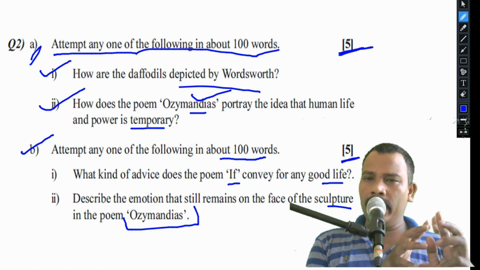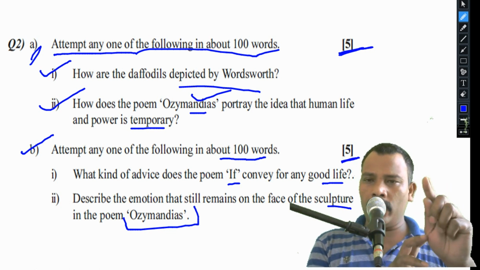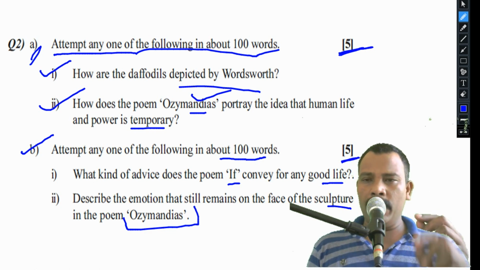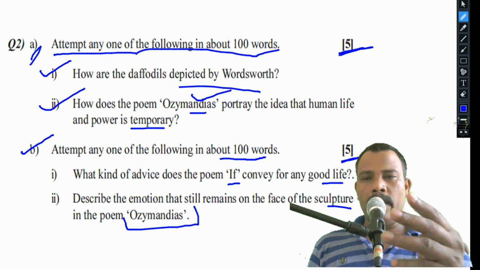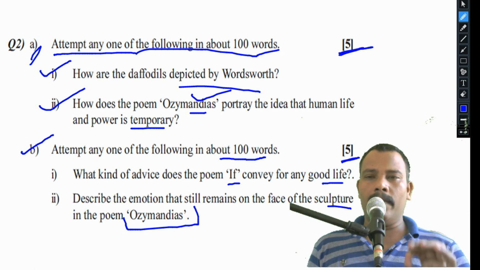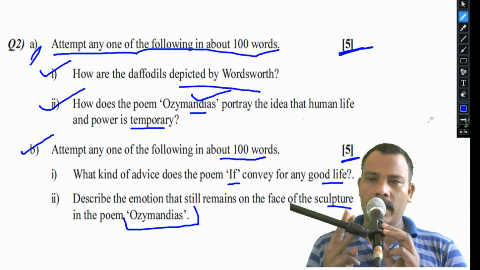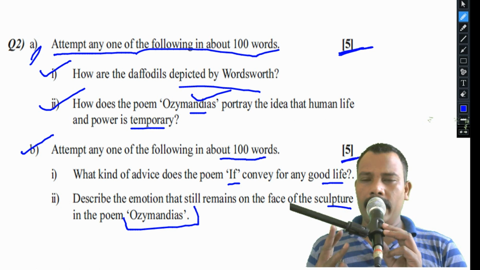When you are preparing for the examination, keep in mind that the 3 poems equal question number 2A and B. You have to prepare 3 poems to attempt the questions from question number 2A and B in the university examination. That is very important.